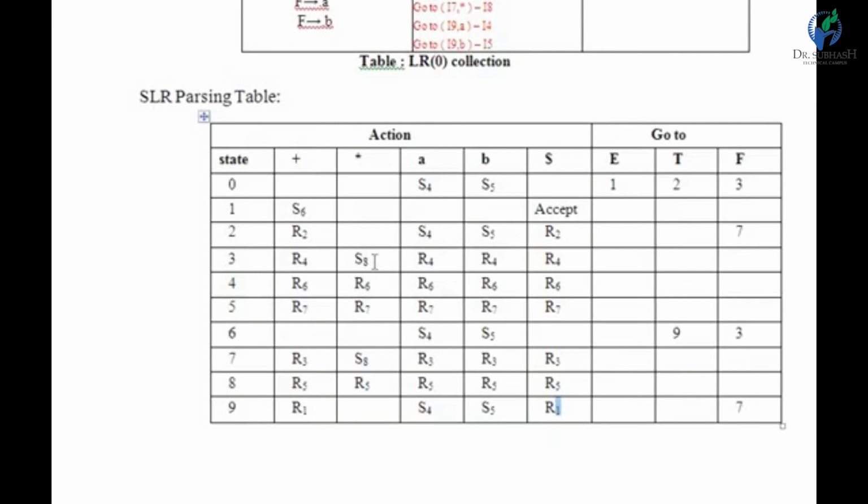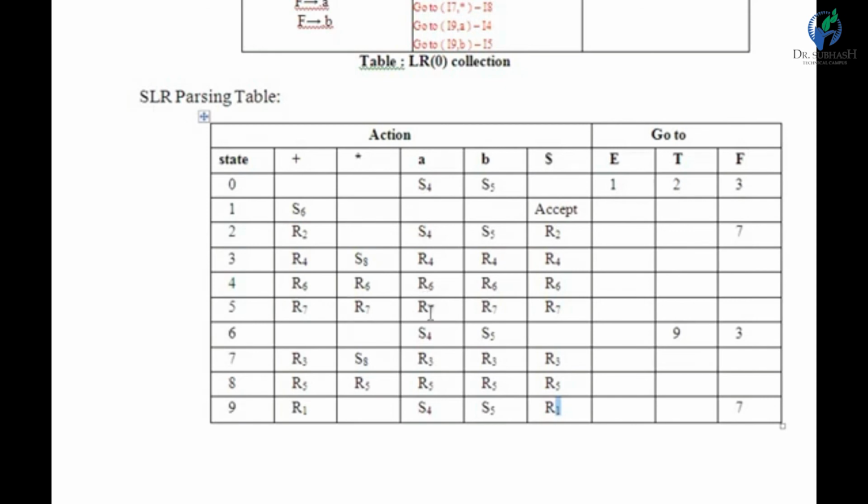So both entries are in a single column. It's a conflict. In a shift-reduce conflict, you have two possibilities: either shift or reduce the production. The second one is the reduce-reduce conflict, in which you have two productions with the same input, like A gives A and B gives A. So whenever A comes, at that time you have two options to replace that input symbol, either A or B. So it is known as a reduce-reduce conflict.